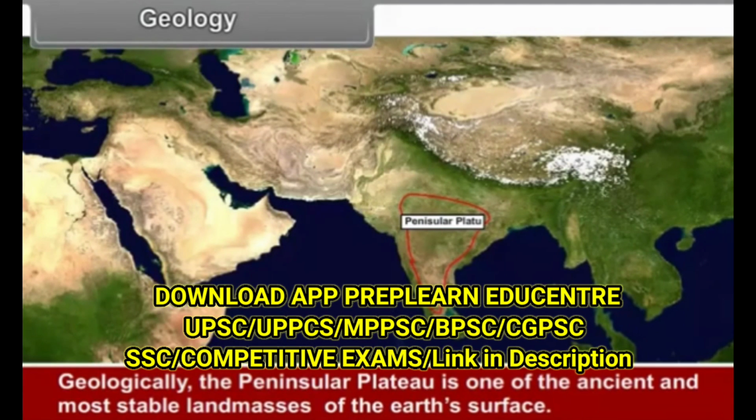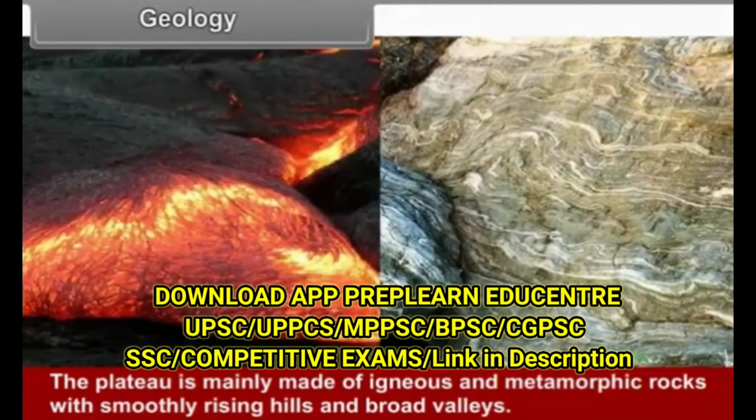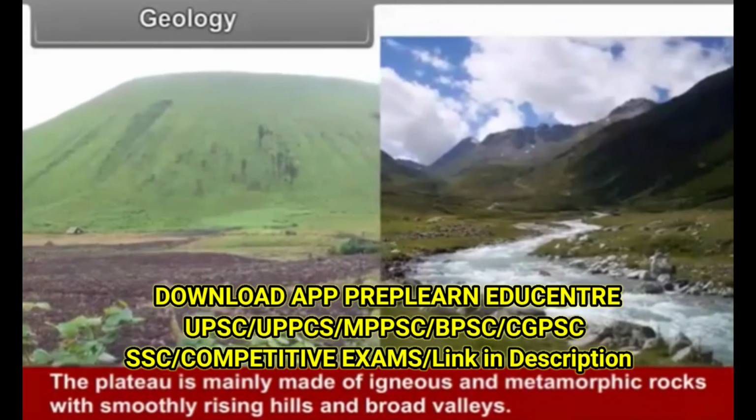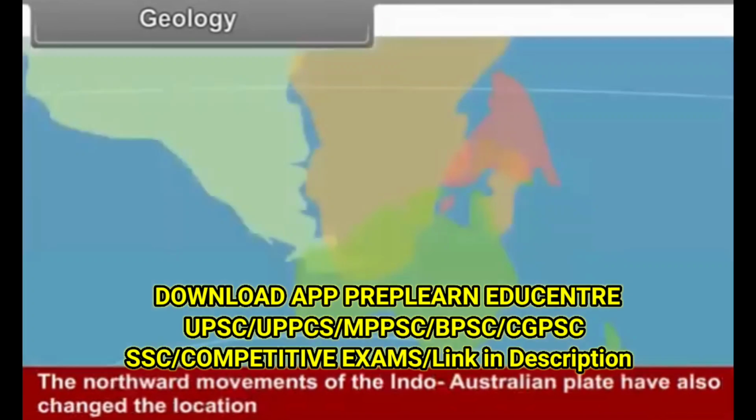Geologically, the Peninsula Plateau is one of the ancient and most stable landmasses of the Earth's surface. The plateau is mainly made of igneous and metamorphic rocks with smoothly rising hills and broad valleys.